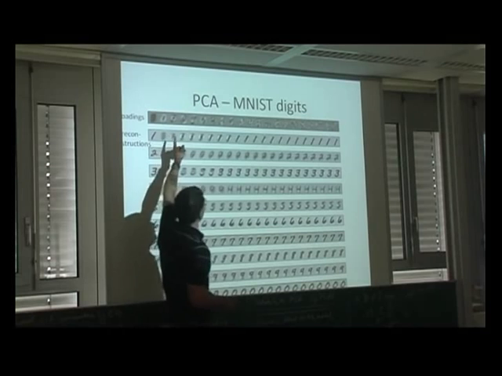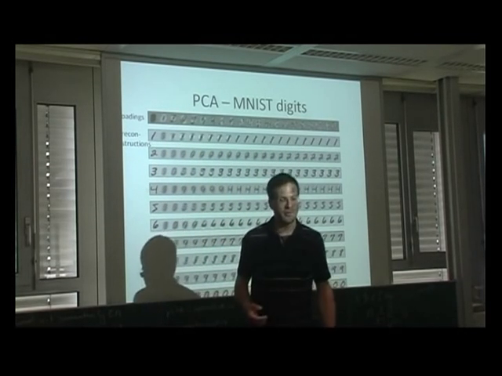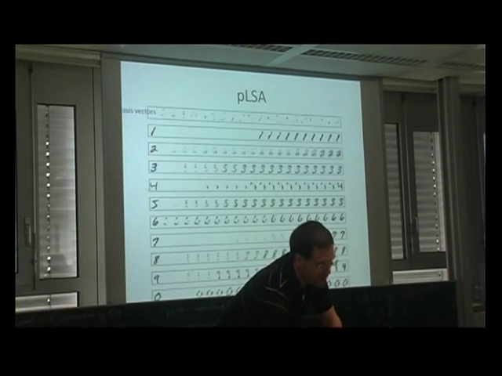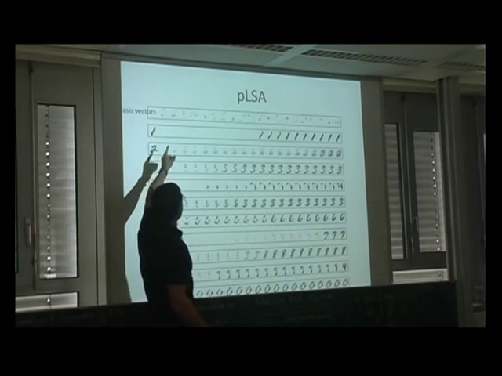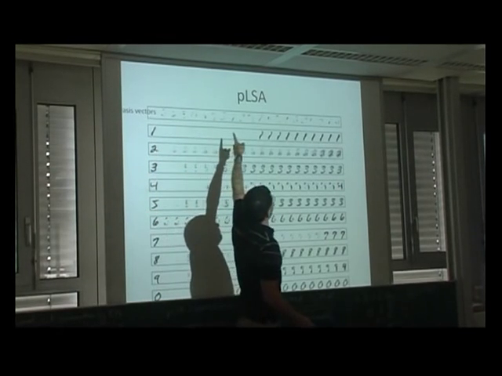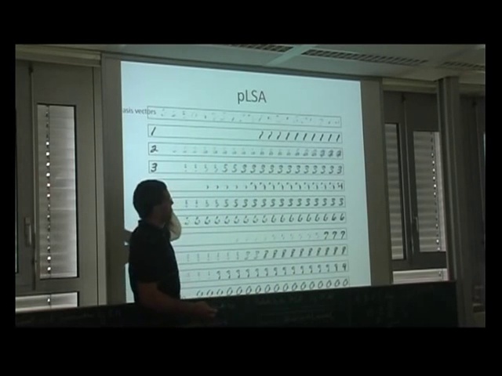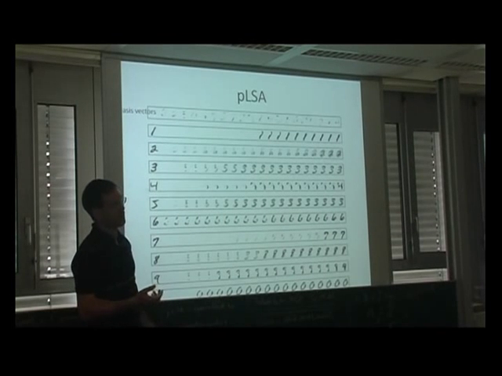And you see that each of these principal components, well, it's difficult to attach a meaning or an interpretation to them. And now here is the PLSA variant. And it has a very different characteristic. This looks like it captures different parts of a digit. In the first row, those are the basis functions that are no longer orthogonal that were found. You see that they're all positive, no negative entries.